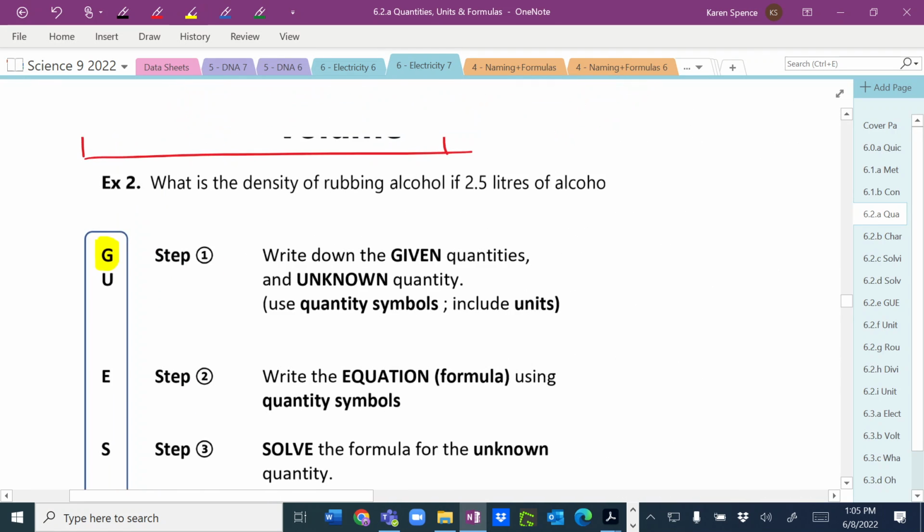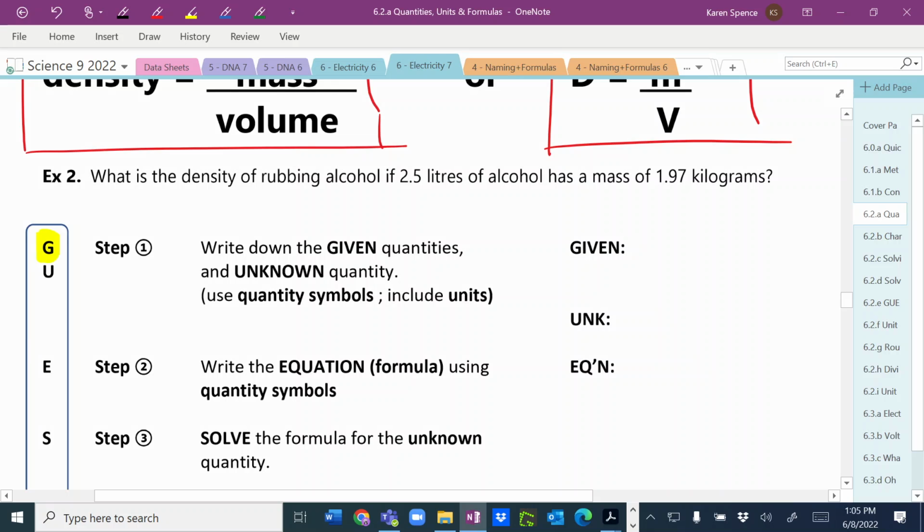Could you please, in the question, go and put boxes around the two given quantities in the question? I am really hoping that you pick the things that have numbers. Yes?